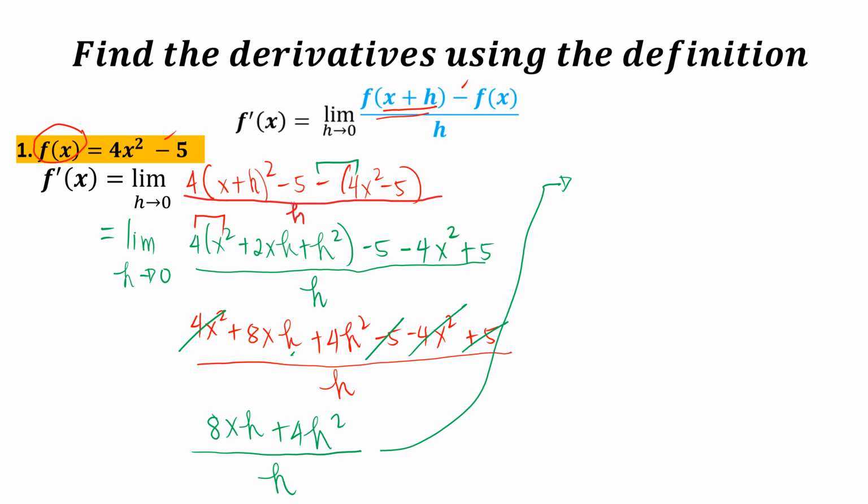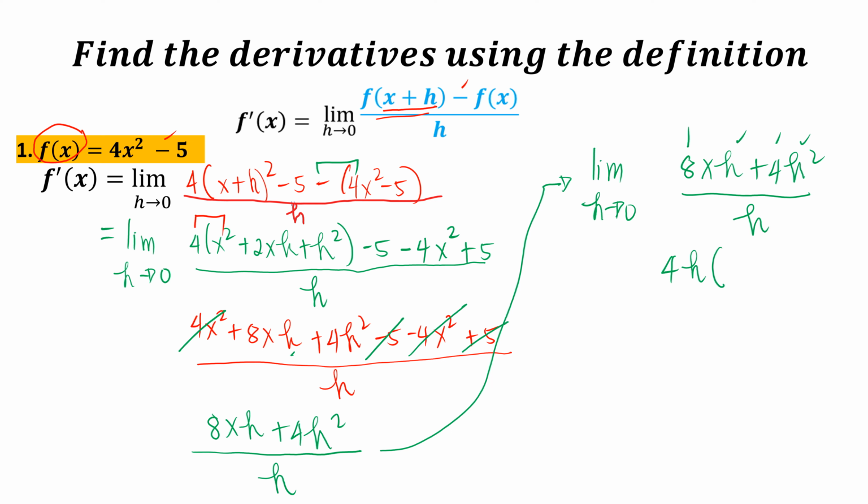And for this, as the limit as h approaches 0, the 8xh plus 4h squared over h, the 8 and the 4, of course, the common is 4, and there is an h in here and an h in here. Thus, we have 4h as our common monomial factor. So this will be already 2x plus h, because 4h squared divided by 4h will give you an h already. And this will be over h.